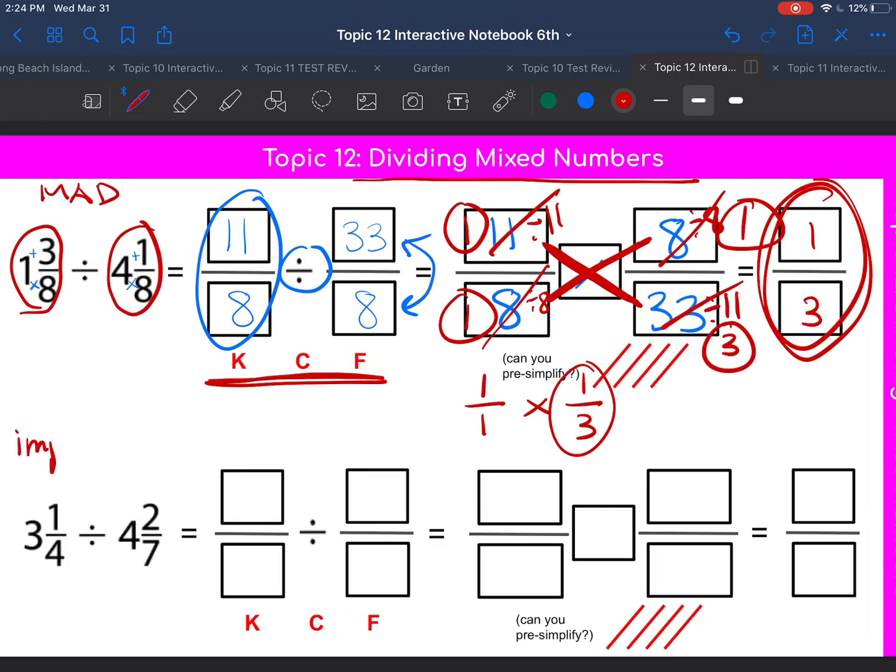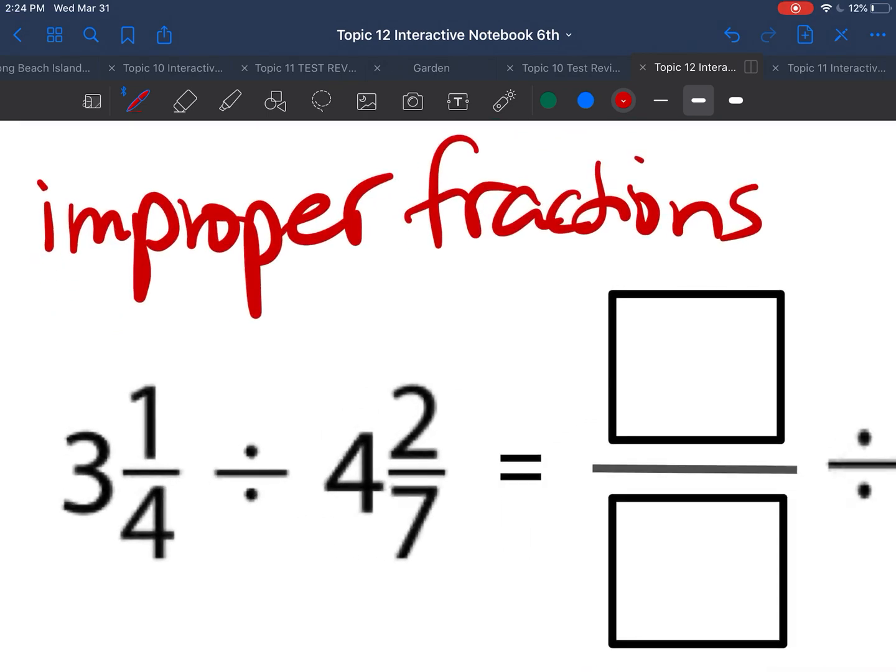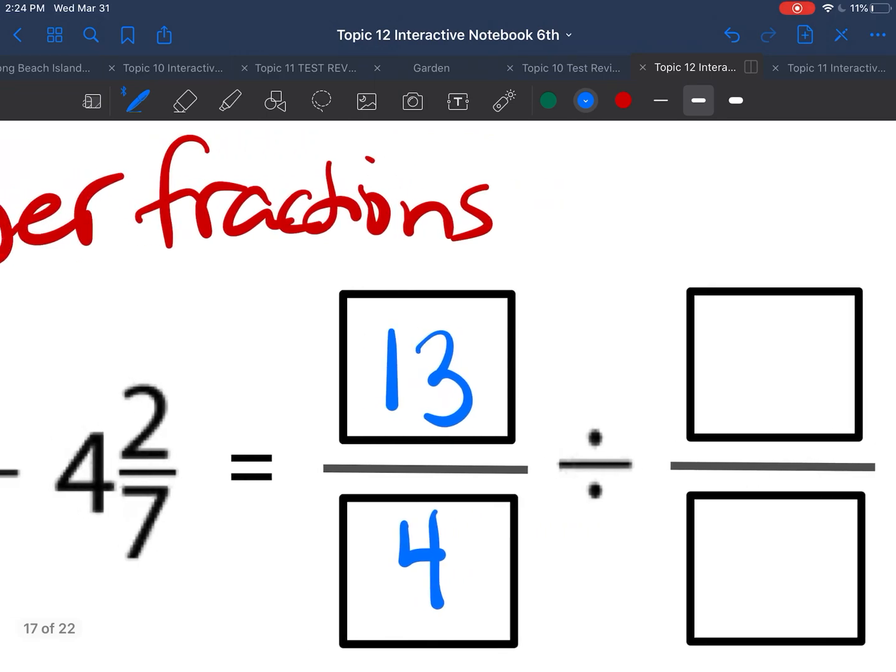Again, always turn them into improper fractions before you even keep, change, flip. So let's zoom in again. 3 times 4 is 12 plus 1. That would be 13/4. 4 times 7 is 28 plus 2 is 29/7.